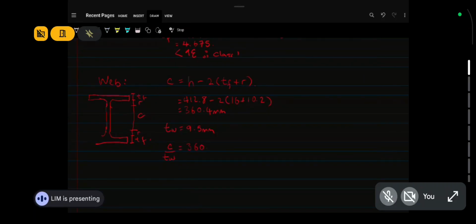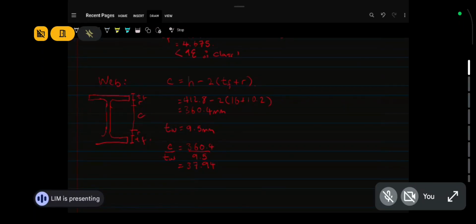C is 360.4, TW is 9.5. That gives 37.94. So 37.94 is the ratio.